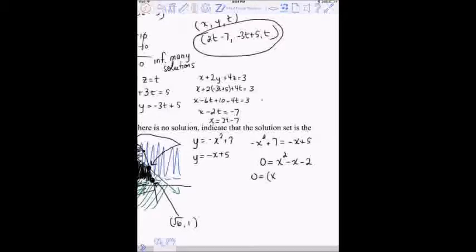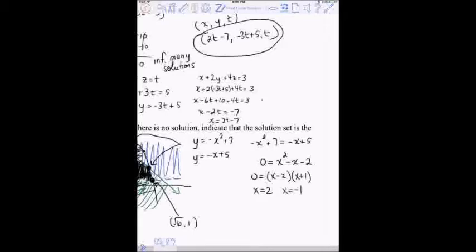That can factor into x minus 2, x plus 1. So we get x equals 2 and x equals negative 1.